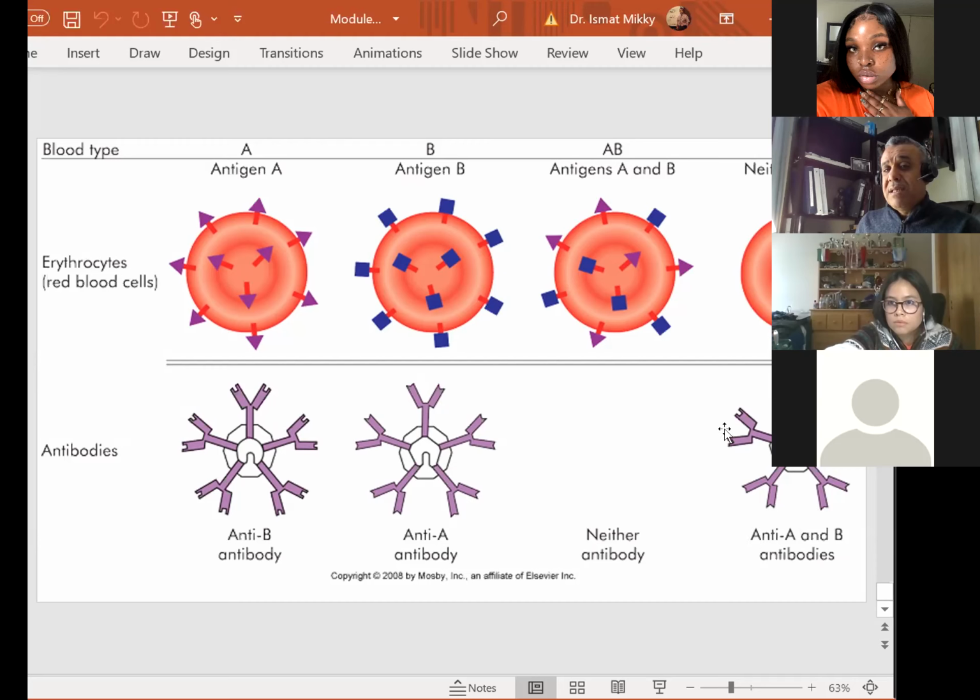So if you give them this, they already have antibodies that will attack them. Same thing for A, same thing for B. So this individual with blood type O can only receive O, but they can give to anyone because they don't have antigens.